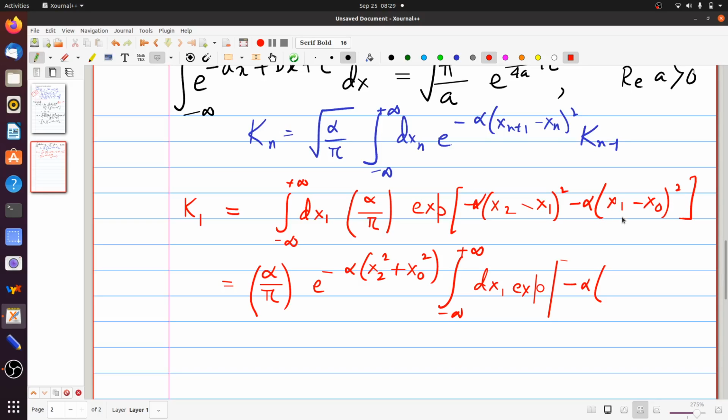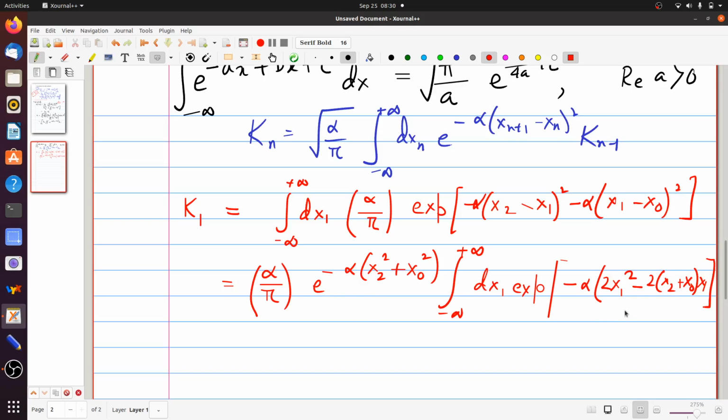You get 1 x1 square from here, another from here, so 2 x1 square. You also get minus twice x2 x1 from here, minus twice x0 x1 from here. So minus twice (x2 plus x0) times x1.